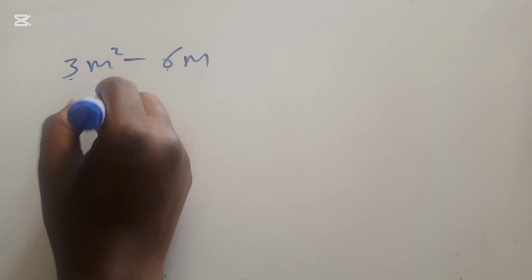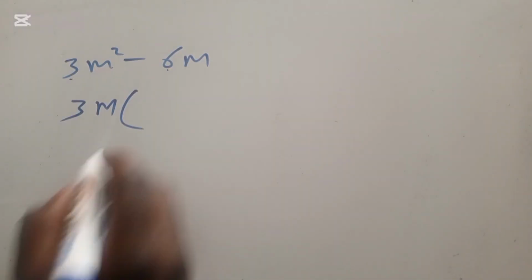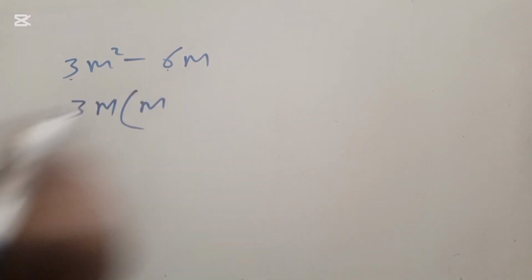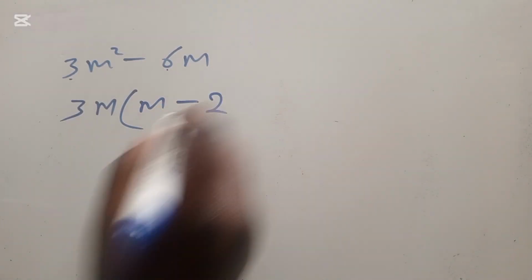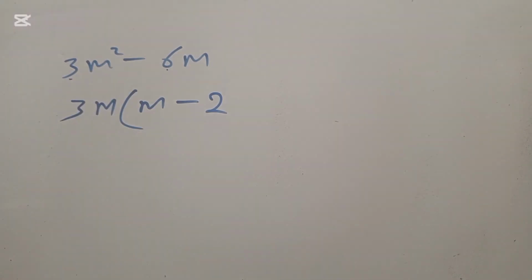We also have an m. Then in brackets, 3m squared divided by 3m is m, minus 2, since 6m divided by 3m is 2. So this is the answer. We had done that question.